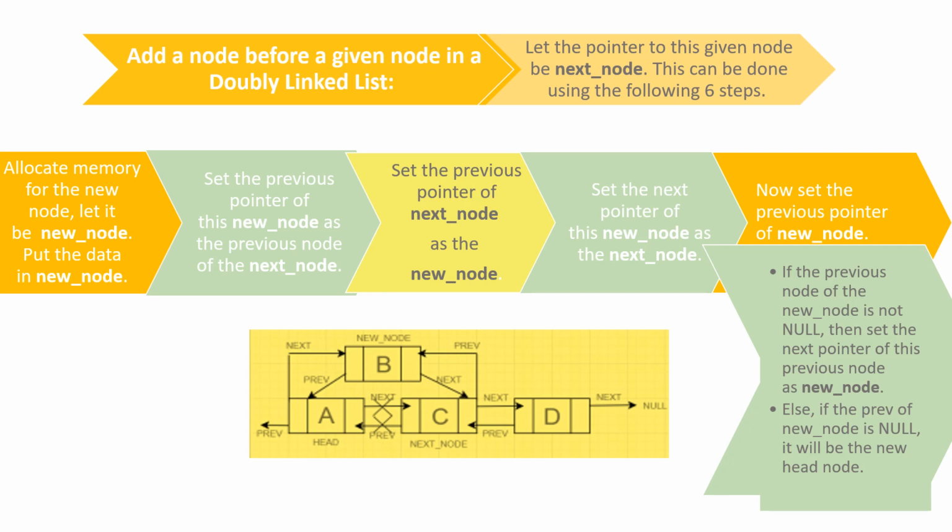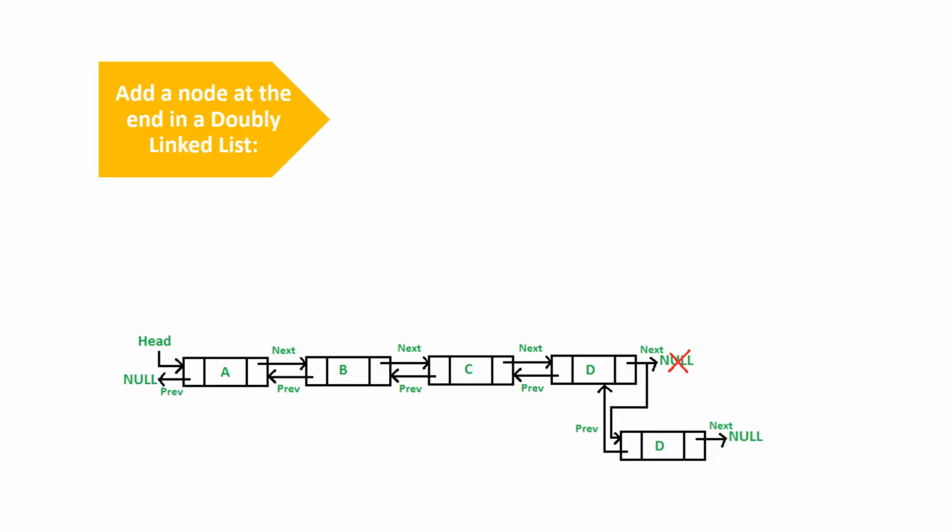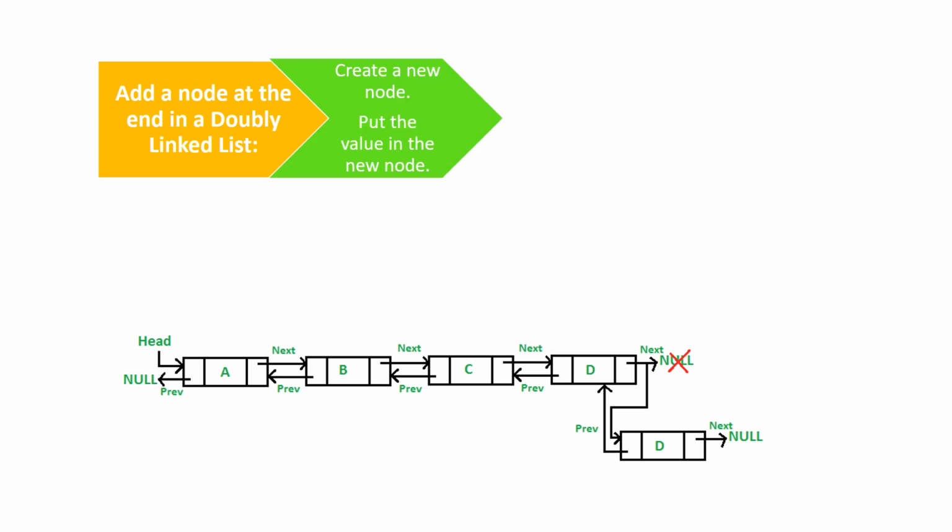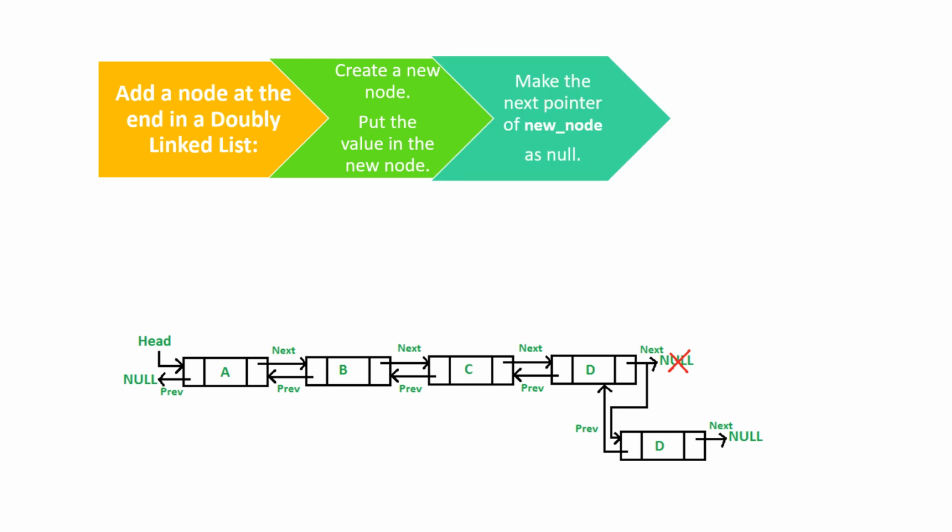So like this we are doing, and now we can move to add a node at the end in the doubly linked list. We have finished both scenarios of adding a node before and after a given node. Now we are moving to adding a node at the end of the doubly linked list. Now create a node and put the value in the node.